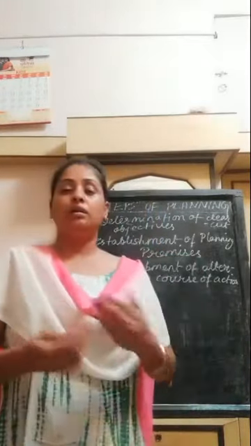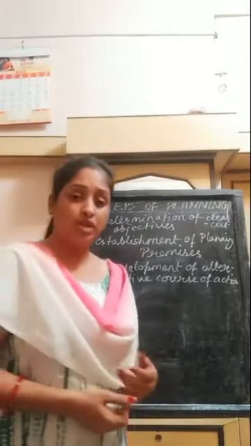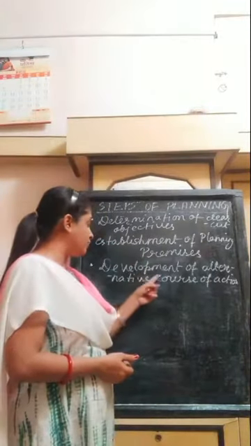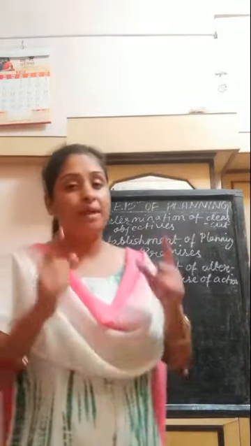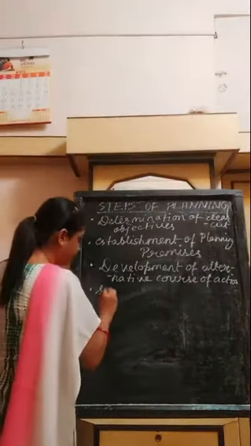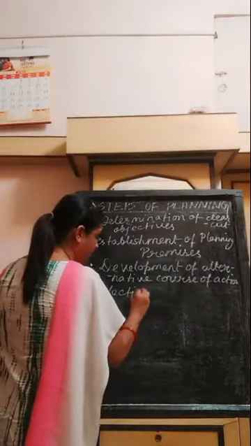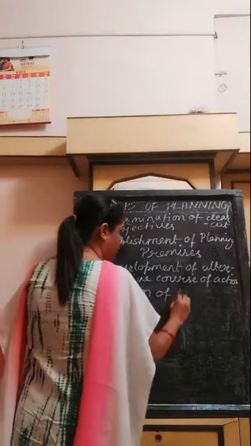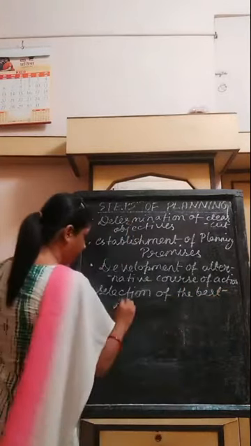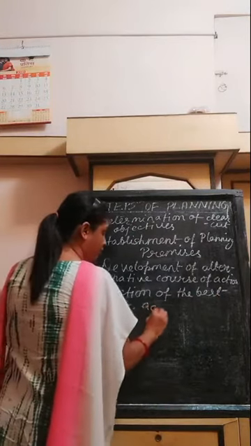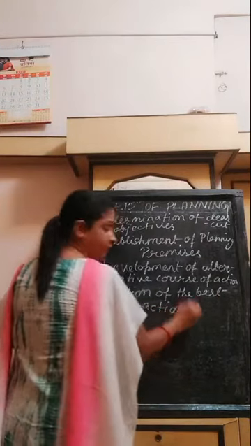Moving on to the next step, which is related to this step, development of alternative courses of action. And what is that step? That is selection of the best alternative course of action.